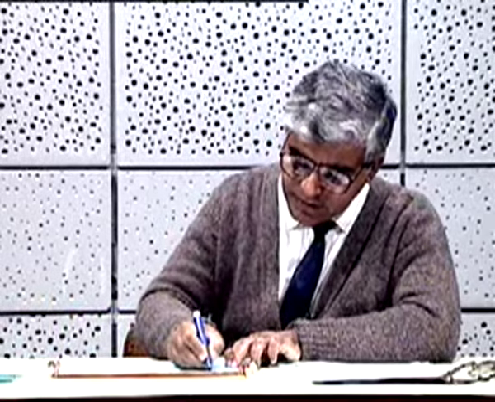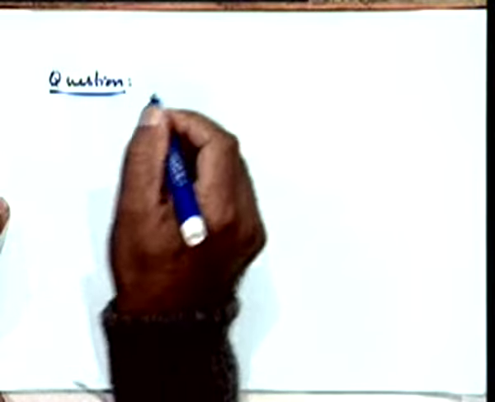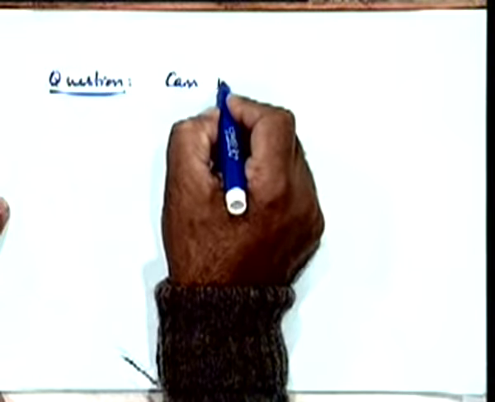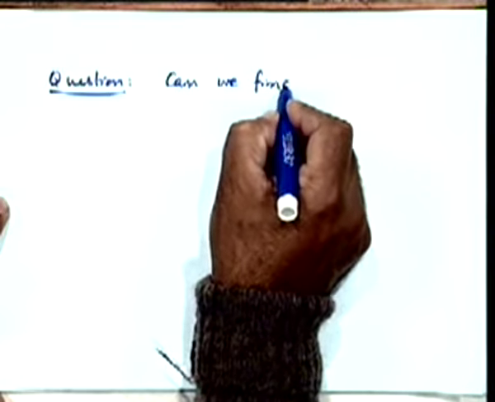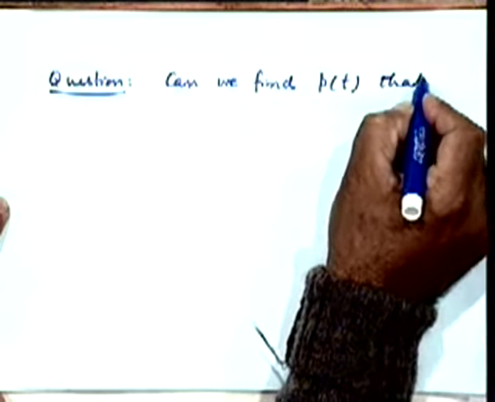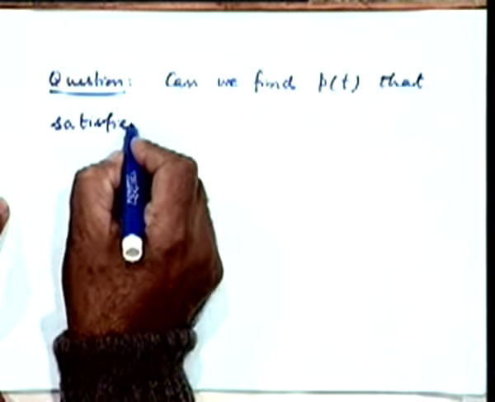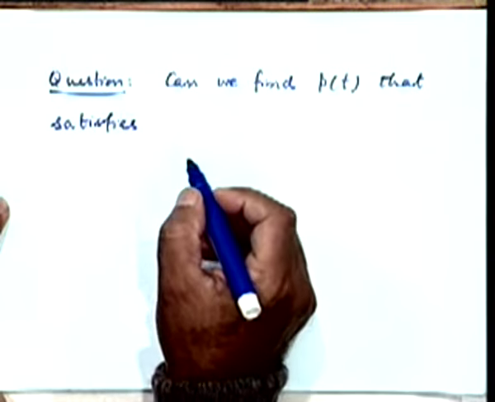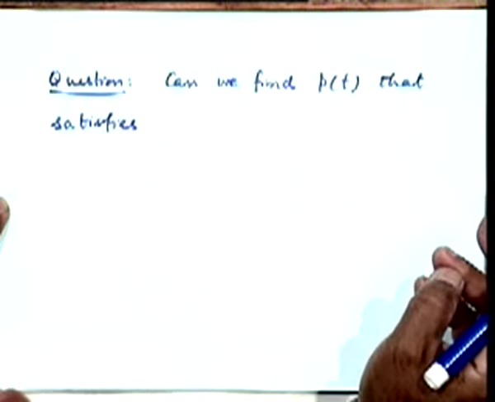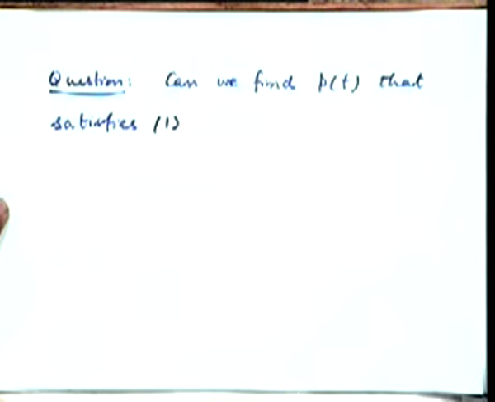So the question that we need to look at is, can we find a pulse shape p(t) that satisfies the Nyquist criterion, that satisfies that equation which says p(t) should be equal to 1 at t equal to 0 and zero at the other sampling instants. Let me call that equation number 1.